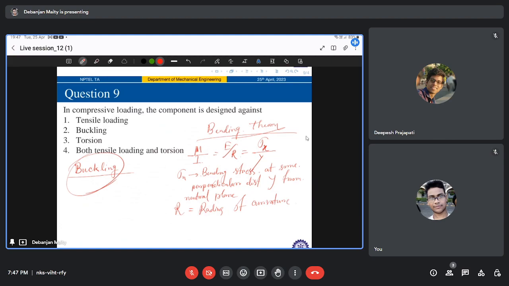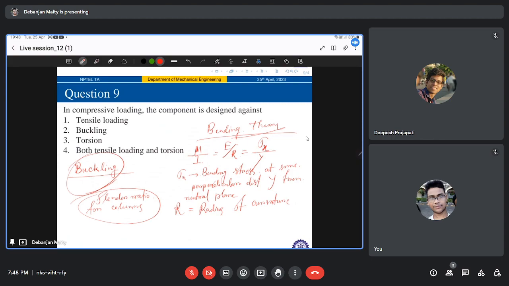So if you have columns, then you can measure the slenderness ratio for columnar structures. I'm going into strength of materials anyhow.